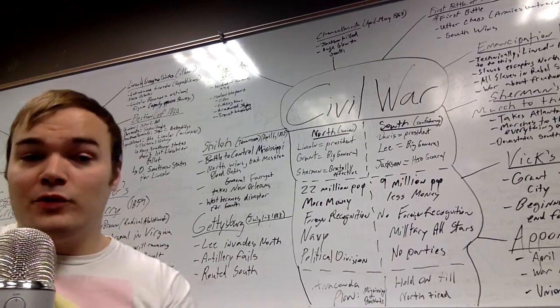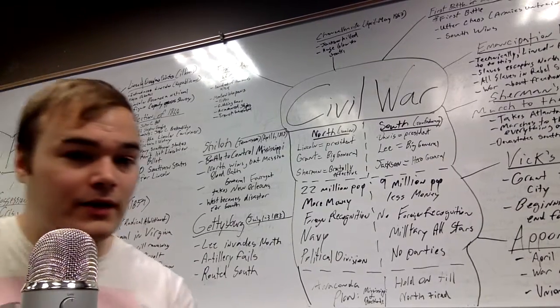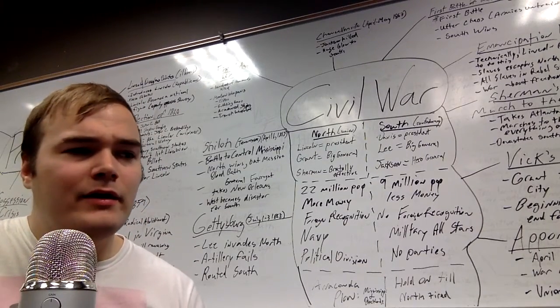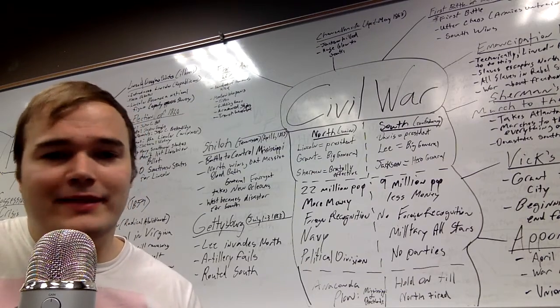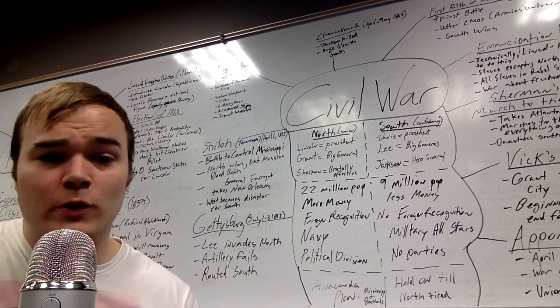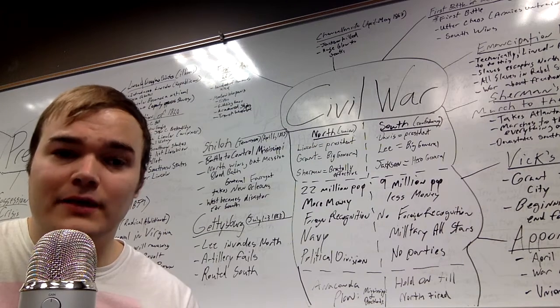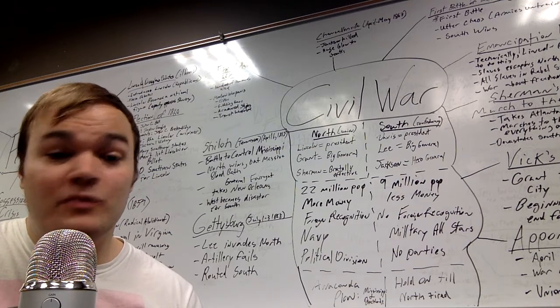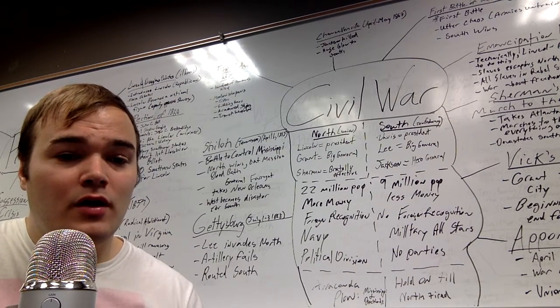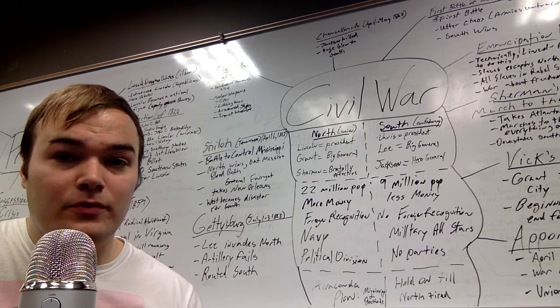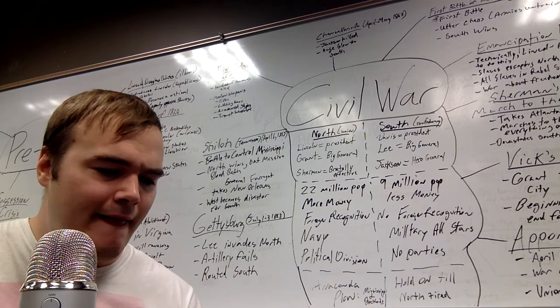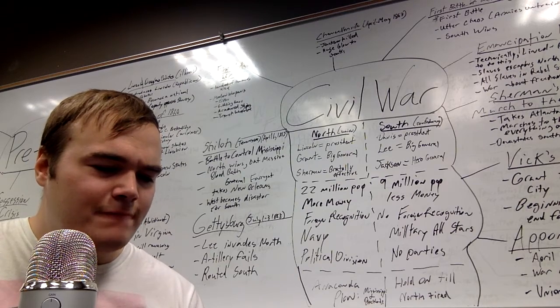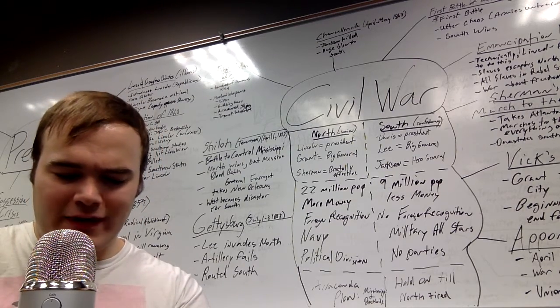Okay. Now, the reason I wanted to do that is because I wanted to show that things are getting desperate. Even though Lee's doing a pretty good job in the East, he sees how bad things are going in the West, and he feels like he has to do something a little bit difficult. So he's going to invade the North. This isn't going to go well. He's going to go up there, and they're going to meet at a place called Gettysburg.